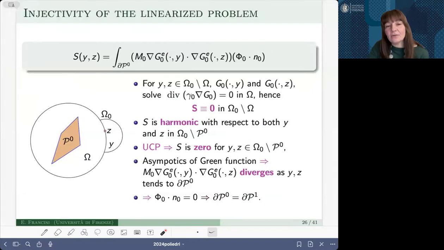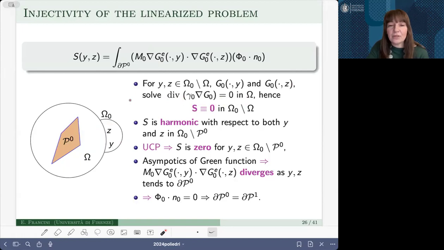But as long as y and z are outside omega, what you get is that G0 in y and G0 in z are solutions in omega of the equation that we have. And so, since we were assuming that the derivative, which is this function, was 0, this means that this function S is 0 as long as both points z and y are outside omega. So this function is 0 in this part of the domain.